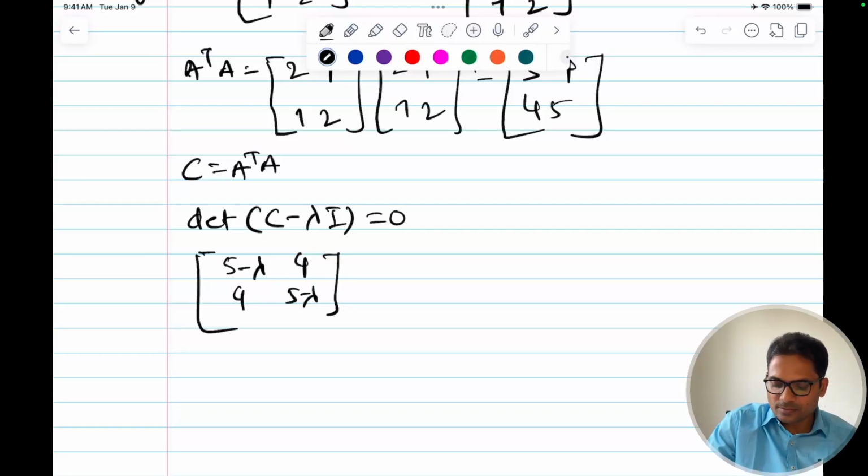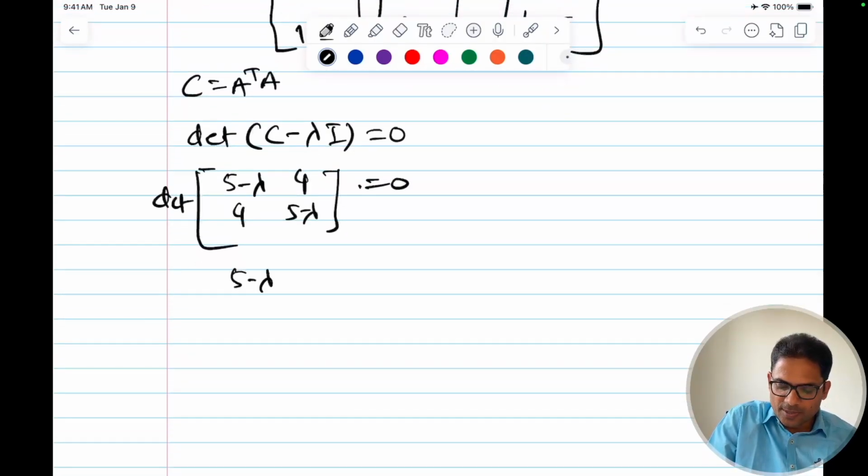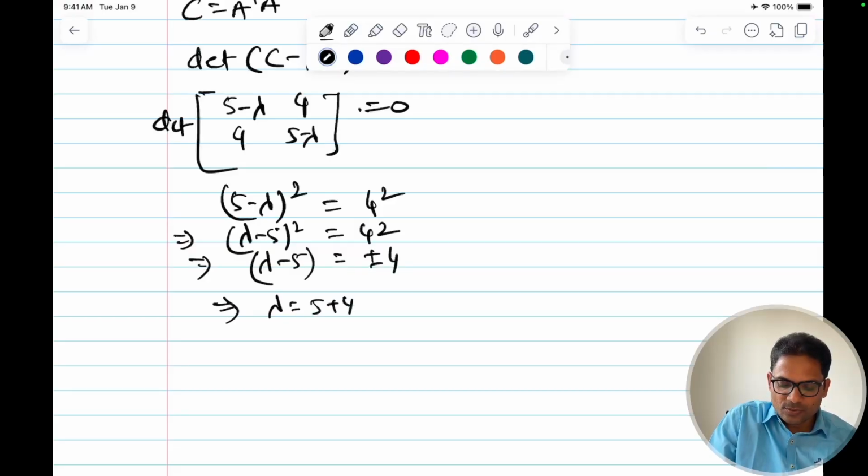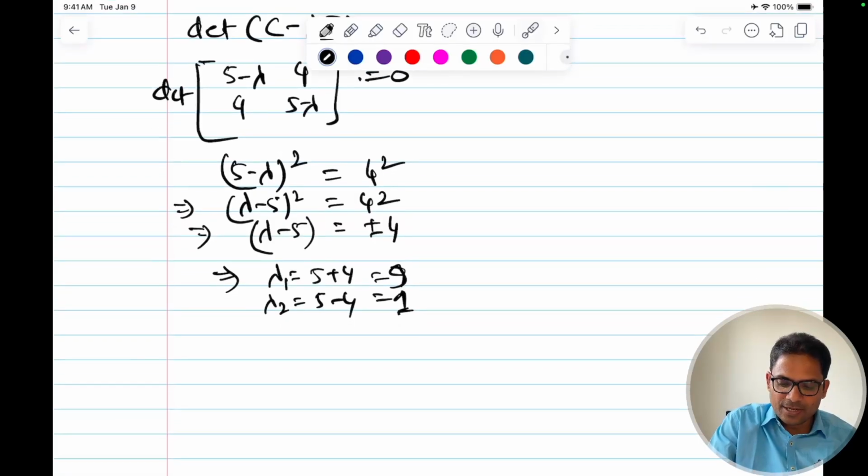What will be the determinant? 5 minus lambda whole square is equal to 4 square. I can also write it as lambda minus 5 whole square is equal to 4 square. If I take the square root, lambda minus 5 is equal to plus or minus 4. This implies lambda is equal to 5 plus 4, or lambda is equal to 5 minus 4, that is 9 or 1. So these are the eigenvalues of A transpose A. What will be my singular value? The singular value corresponding to this will be the square root of 9, that is equal to 3.